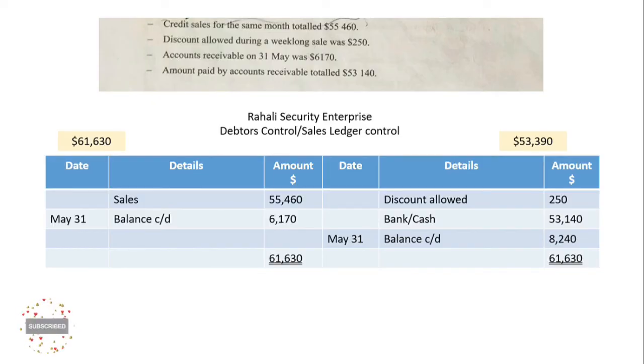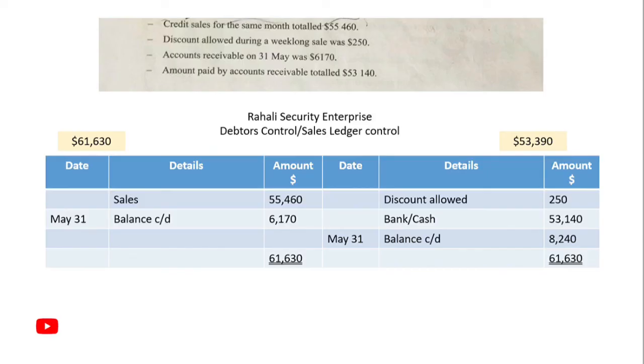So there's nothing really hard about control accounts. The questions can be longer, or they can appear to be longer. They can give you a lot more information that you have to put in. You know that the sales ledger control from my last video, part 1, can have many more items in it, like discounts, dishonored cheques, refunds, and interest can also be there too.